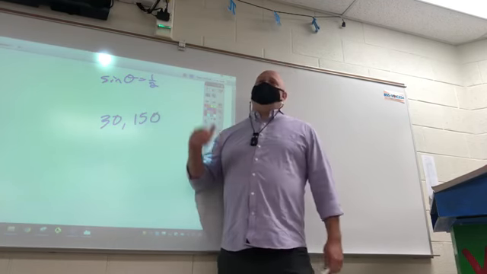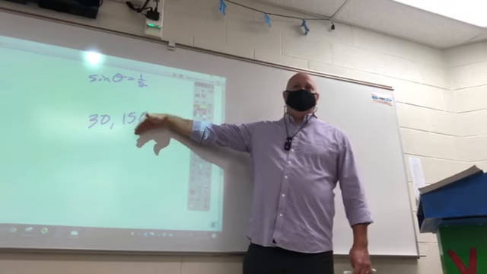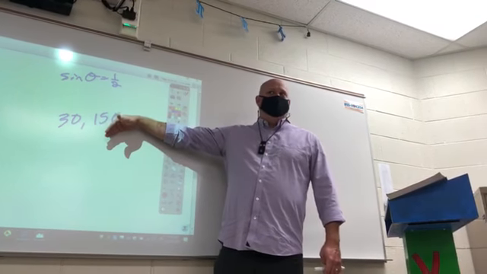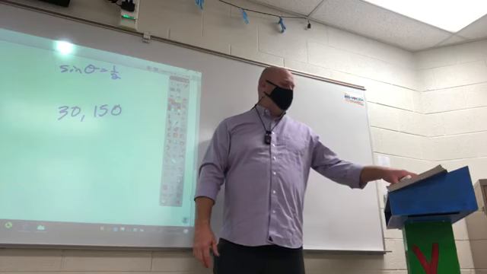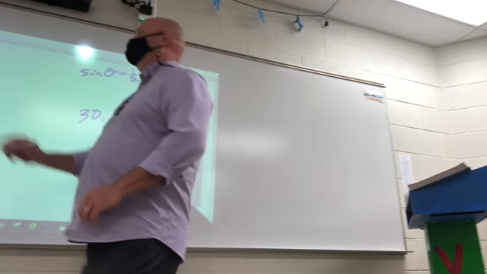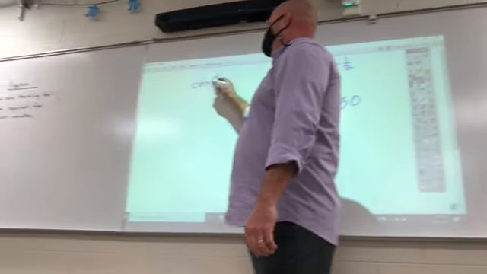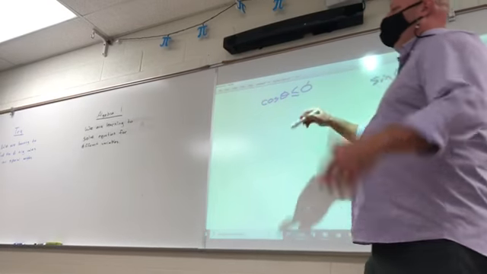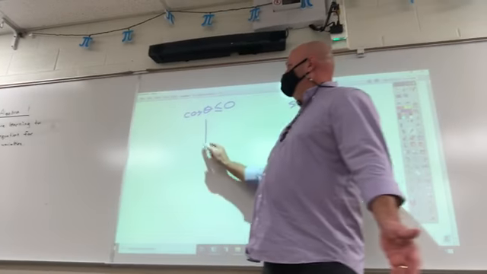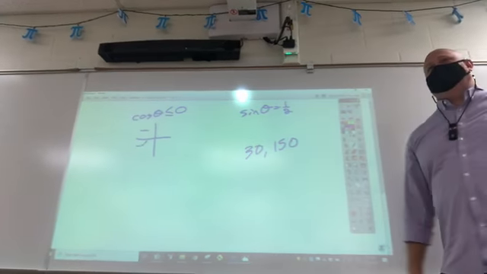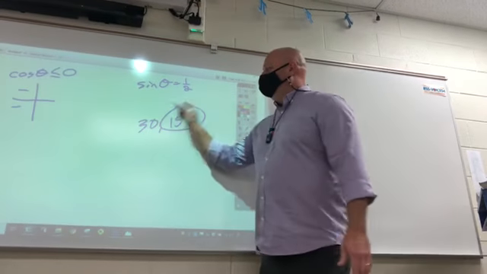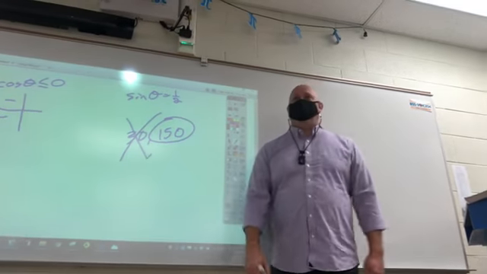Does anyone not see how the answer to this is 30 and 150? Okay. What's the second part? Cosine's negative, right? It says cosine has to be less than or equal to 0. When is cosine negative? Second and third. Which of those two answers is in the second or third quadrant? 150. Bam, that one's out.